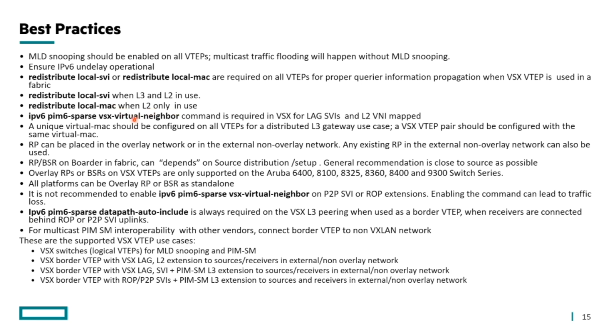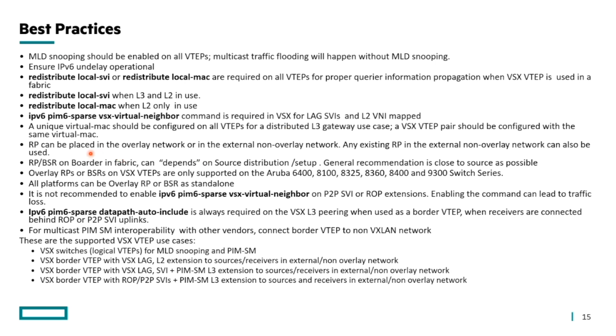And then we've got this PIM-v6 VSX virtual neighbor command when you've got VSX LAG SVIs that need to be enabled. And then this is really across the whole fabric environment that you need a virtual MAC across all the VTEPs if you're using the distributed L3 gateways.